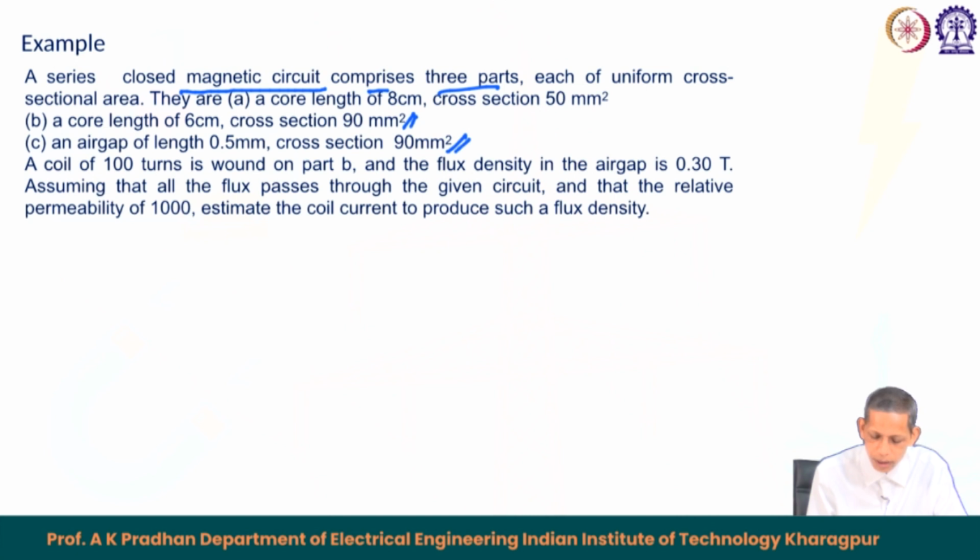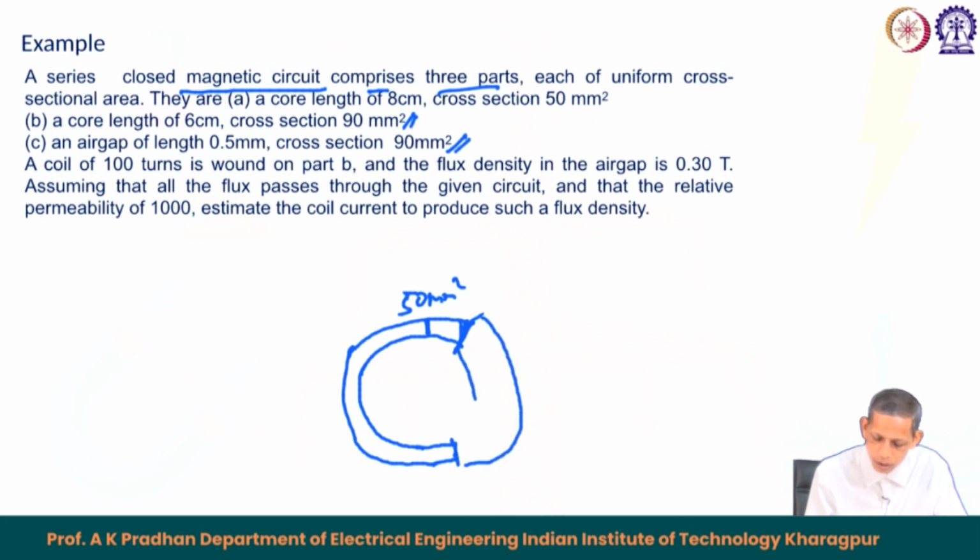So, the circuit can be like this: the first part has a path like this with a 50 mm square thickness, and then we have a thicker core, like the earlier example you saw, which has a 90 mm square.